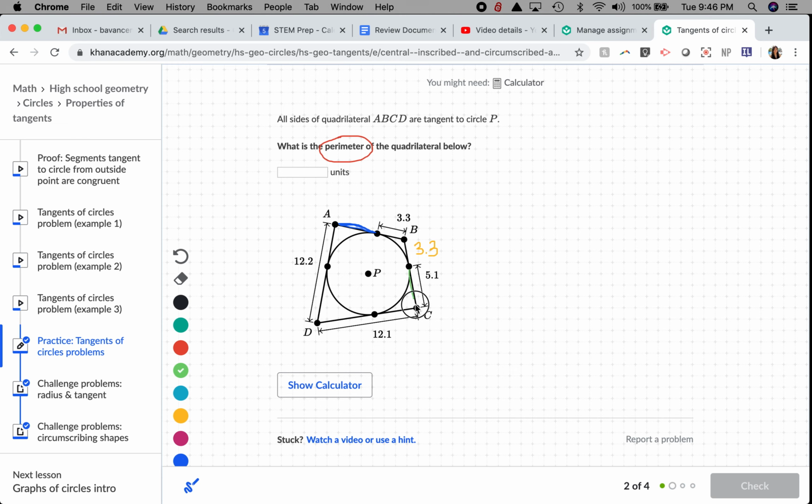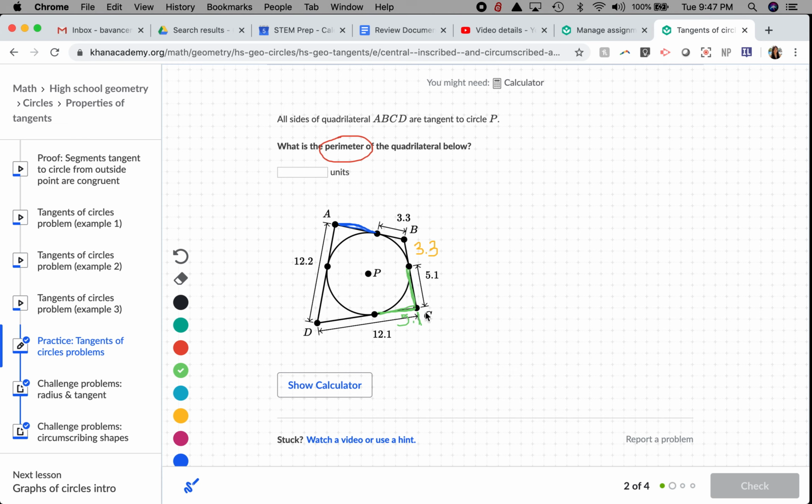If this segment is 5.1, then we should know that this segment is also going to be 5.1. And the reason for that, again, is that these two green lines are being connected to the circle from the same external point, point C. So they will be congruent.